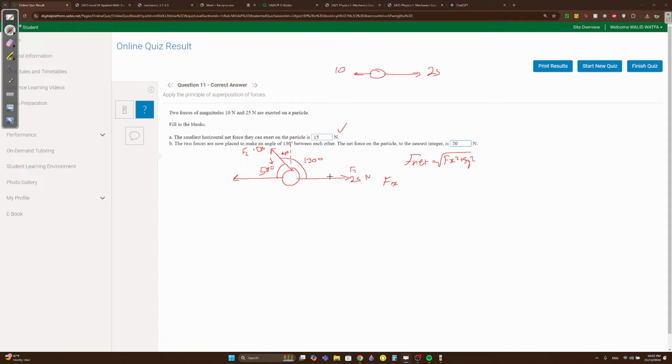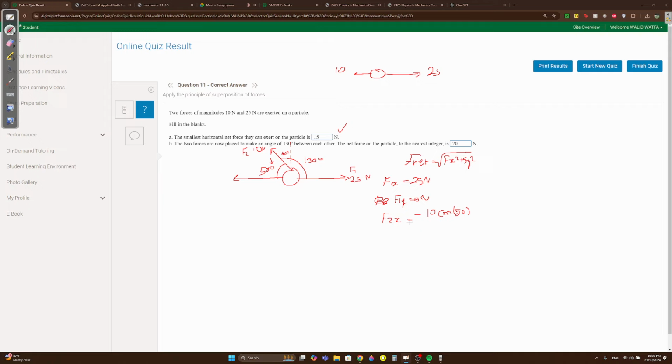It's obvious it's only 25 newtons because it doesn't have any vertical component. It's just horizontally going to the right. So f1y would be 0 for that same reason. f2x, it's going to the left so it's negative. The force is 10 and the angle is cosine 50.